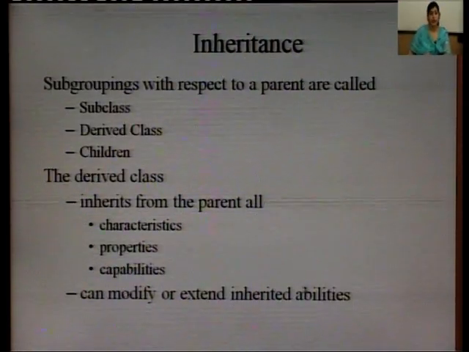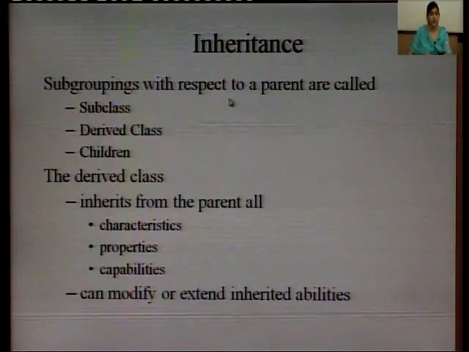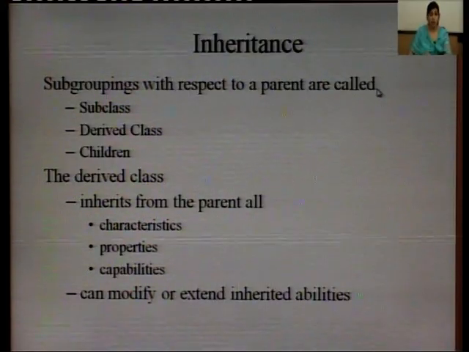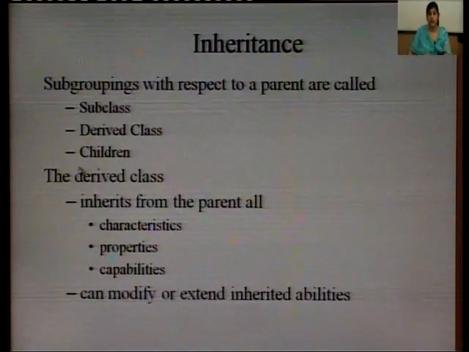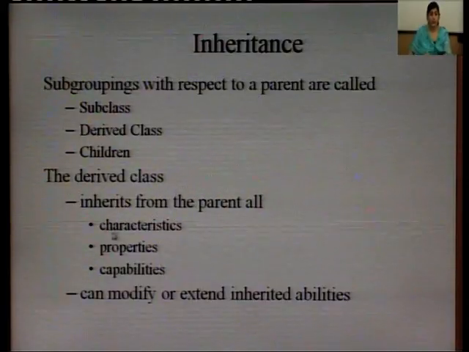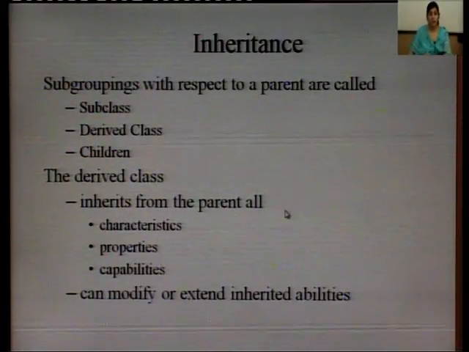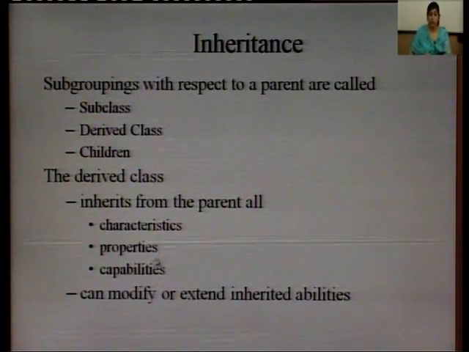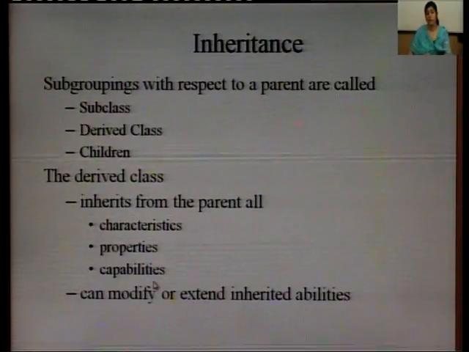Now, inheritance is the subgrouping with respect to a parent, called subclass, derived class or they are called as a children. Means any derived class can be called as a subclass, derived class, or the children of the base class. And the derived class, what it does, inherits from the parent all characteristics, properties, and the capabilities.